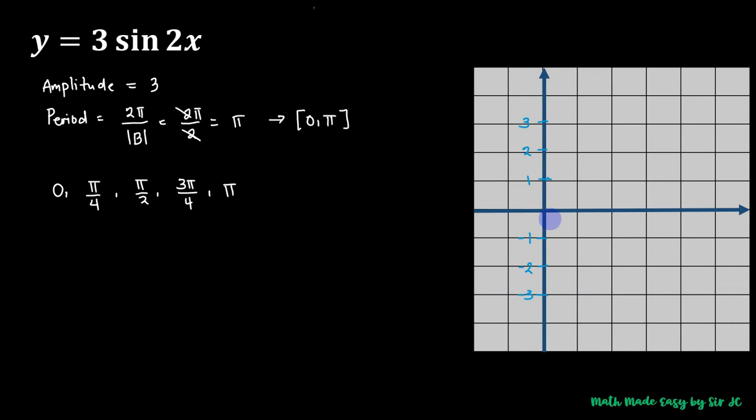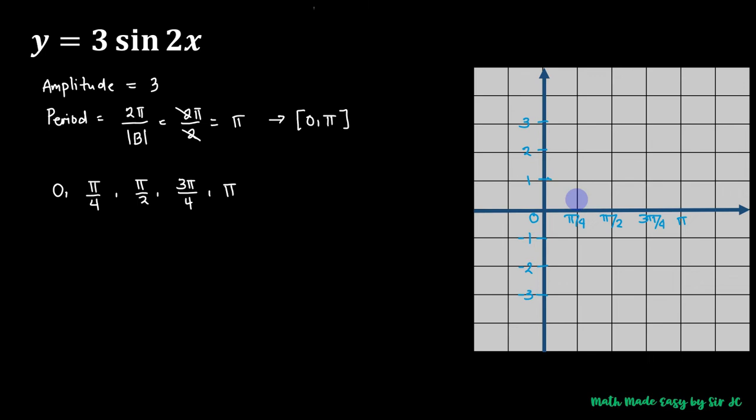So we have values of x: 0, pi over 4, pi over 2, 3 pi over 4, and pi.